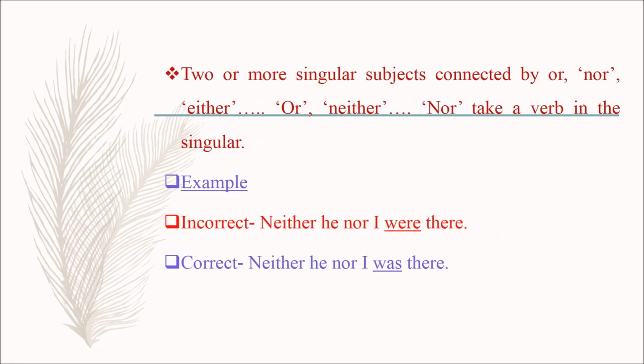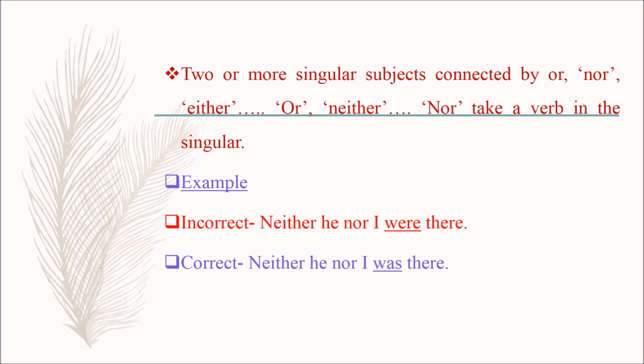Let's see the next rule. Two or more singular subjects connected by or, nor, either/or, neither/nor take a verb in the singular. First, look at the sentence. Neither he nor I were there. Is that a correct sentence?